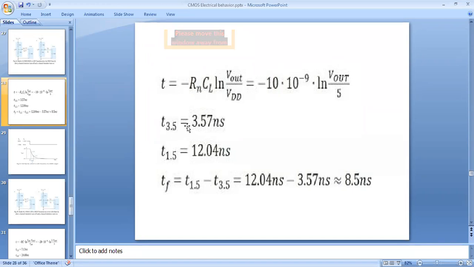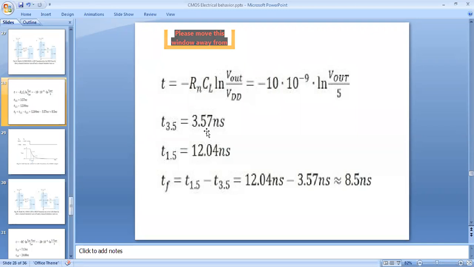How much did you get? 3.57 nanoseconds. Did you get this value or not?